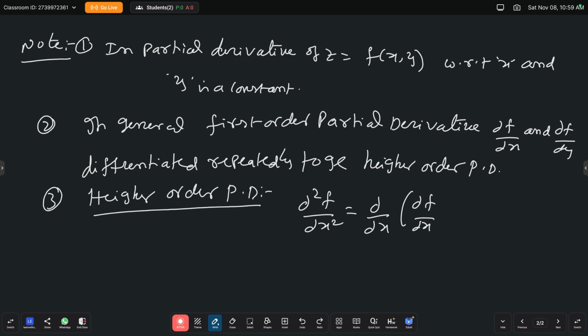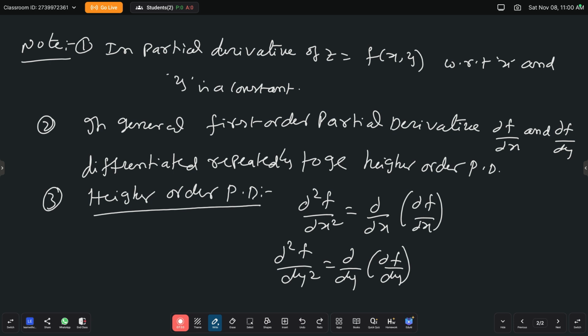This is a higher order derivative. So dou f by dou x is the first derivative. Again with respect to x, dou square f by dou x square is the second order derivative. Similarly, dou square f by dou y square equals dou by dou y of dou f by dou y. So these are the second order partial derivatives.